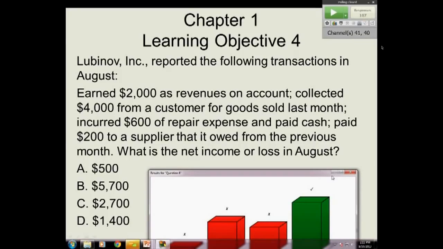So if you earn revenue today on account, it's income. If you collect it from something you did in the past, it's not. If you incurred expenses of 6, it's repair expense. If you paid cash for a supplier for something you bought last month, it's not an expense. So the answer is very simple. It's 2,000 minus 600 or 14.